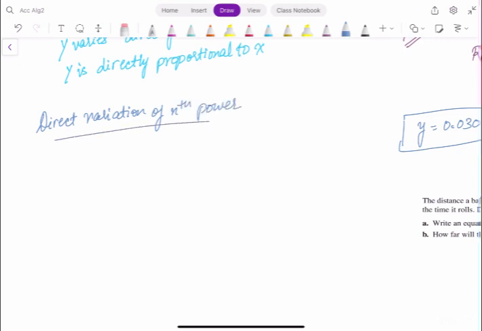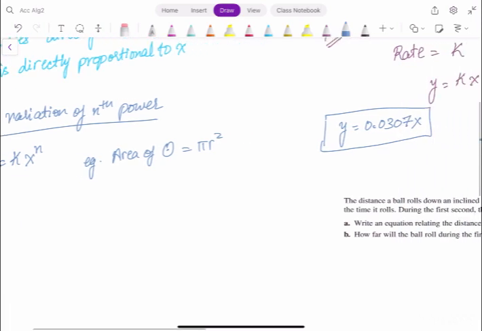In y = kx form, the x has the power of 1. What will happen when we have a power more than 1? The easy example is the area of a circle. In the area of a circle, we have pi r squared. So x is nothing but r in this case, and k is nothing but pi. So we have the power higher than 1.